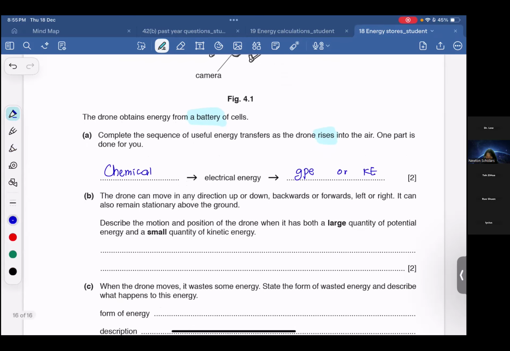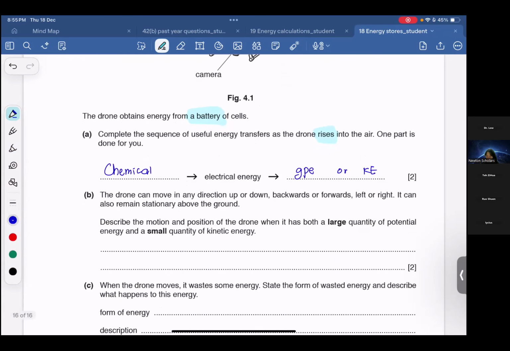The drone can move in any direction, up or down, backward or forward, left or right. It can also remain stationary above the ground. Describe the motion and positions of the drone when it has a large quantity of potential energy and small kinetic energy.